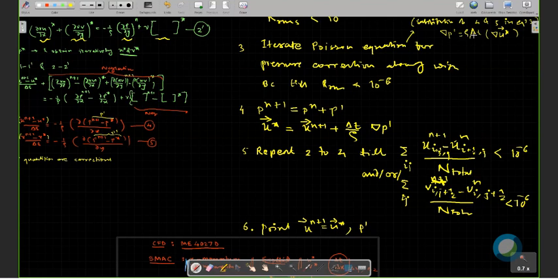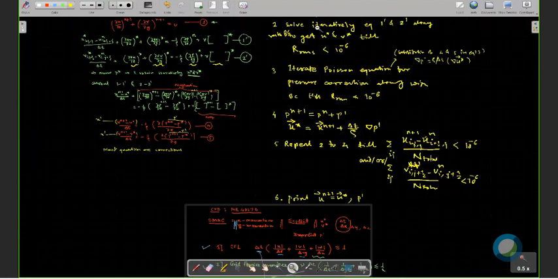The only difference between these two methods is that this method is implicit. In the SMAC case, the second step was not iterative, but in the SIMPLE case it is iterative. Pressure Poisson is always iterative.